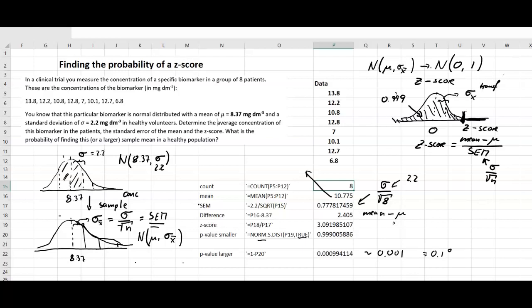It's fairly small, but not totally impossible or unlikely, but it is not very high probability of finding this z-score of 3.09. So I hope this makes sense, and thank you very much for watching.